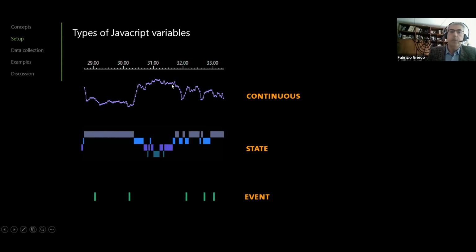So at each sample, you see a value of the JavaScript, a numerical value. You can define a state variable, which is made of discrete components. Like an example is mobility or in-zone. Probably you're familiar with that. And the event is just a point in time that marks whatever event is important during the trial.